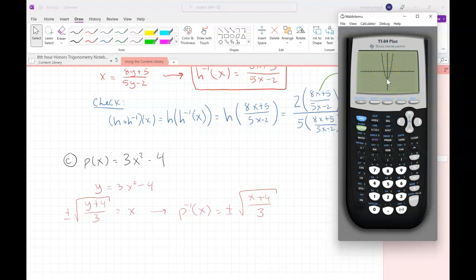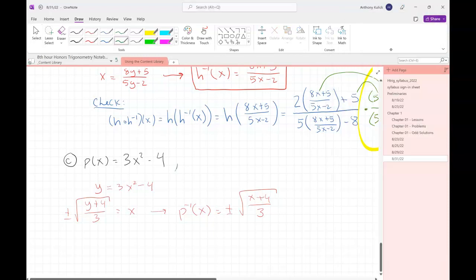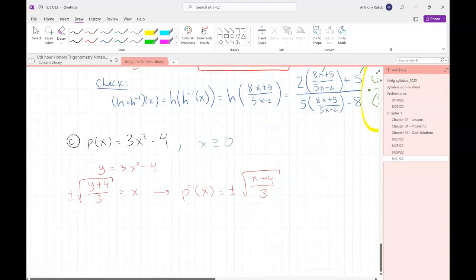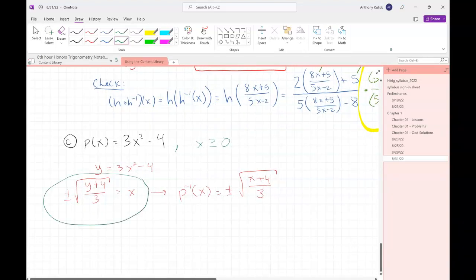Everybody's okay with that? So my choice is I'm going to restrict my domain to just be the x's that are greater than or equal to 0. Everybody's okay with that? So when I do that, and I get to this step where I have x is equal to plus or minus the square root of yada, yada, yada, what can I say if x is to be greater than or equal to 0? I can't have the negative, and I end up with an inverse that's a function now because the plus or minus drops out of there.